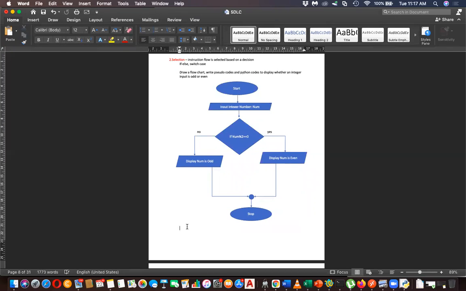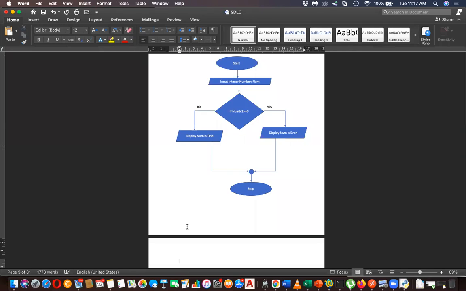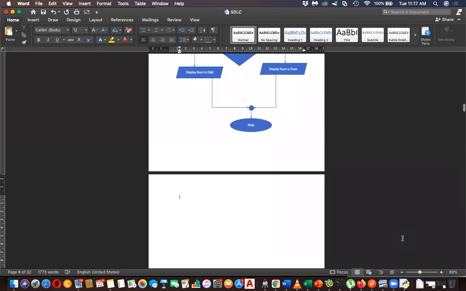So have you drawn something similar or anything else? Similar, sir. Okay, so then the pseudocode you can write like this. Begin.